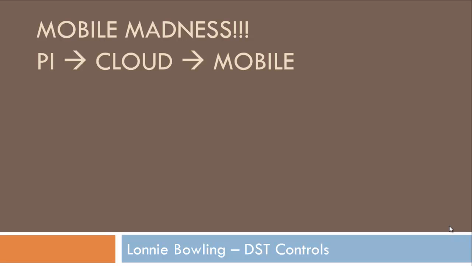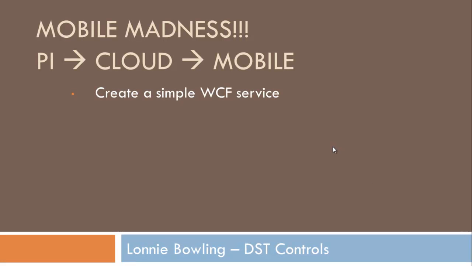The first thing that we're going to do today is to create the simple WCF service. We want to set this service up to be able to access our Pi data, and specifically in this example series, I want to get a range of data that we can use for trending.